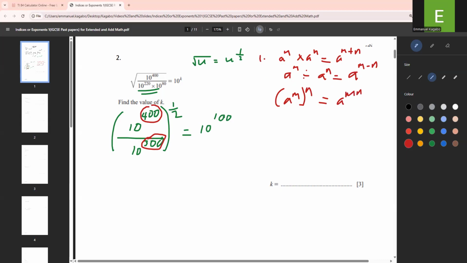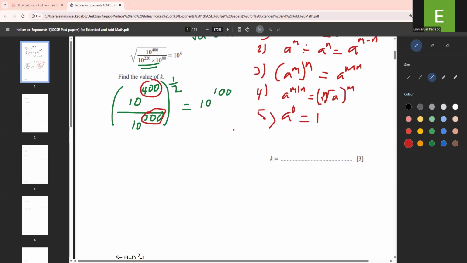This is the first one, second, third. Maybe let me write the fourth one, which is a power m over n. This is the nth root of a, then everything power m, sorry. Maybe I can add the last one here. Any number power 0 equals 1. These are the basic rules which you're supposed to know.